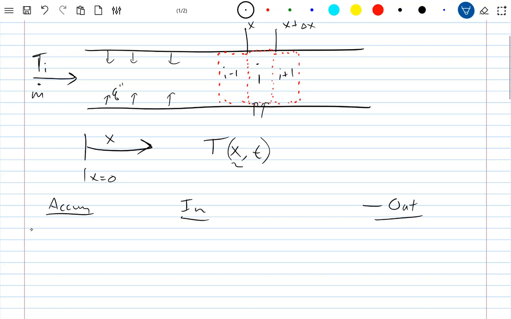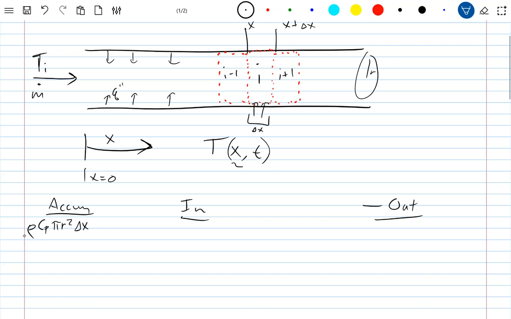First, our accumulation term is going to be the fluid's density, and in this problem we're going to assume constant density and constant heat capacity. So it's going to be density rho times our heat capacity Cp times the volume of an individual node. If we're assuming that this is a circular pipe of radius r, our volume would be pi r squared times delta x, knowing that our node is delta x units thick.